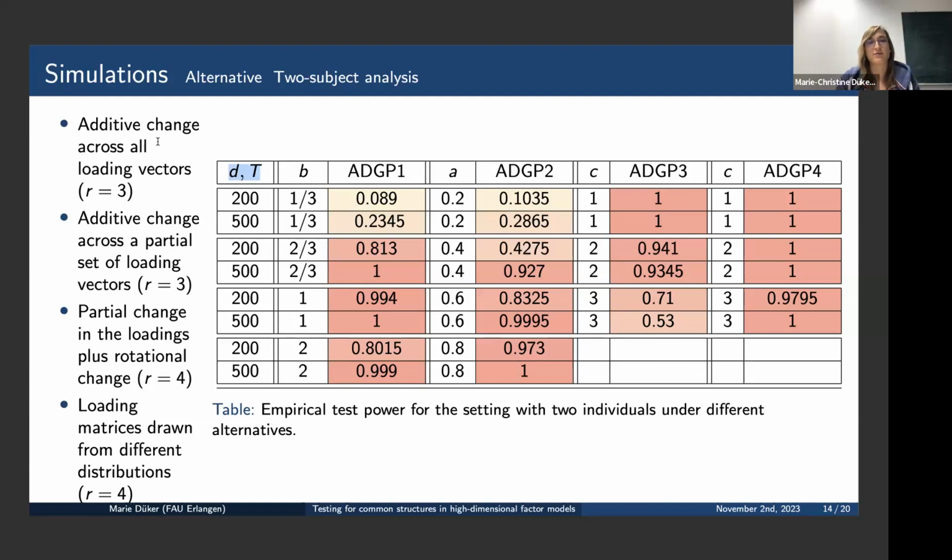And what I mean by additive change is that I add some kind of constant to the loadings, and then I increase how big this additive change is. And one can see it has problems when the additive change is small, but with increasing this number B, I get a good power of the test. And this is also very similar to the Han and Inouye results, right? So we also used very similar data generating processes for that.